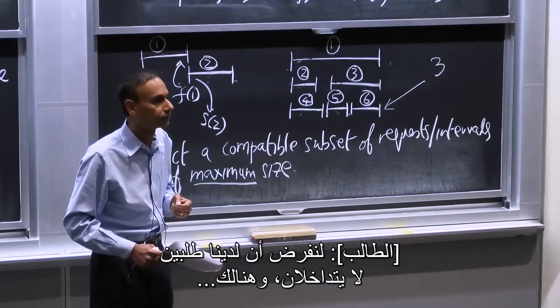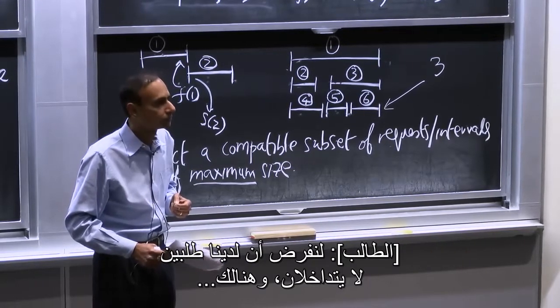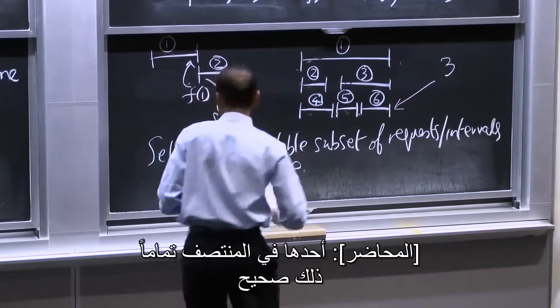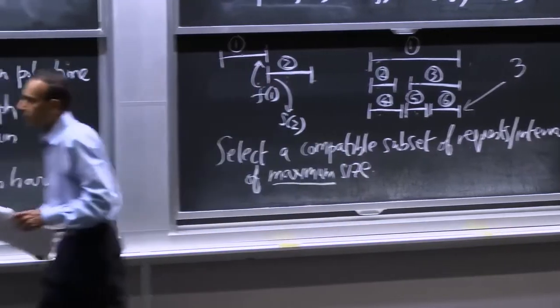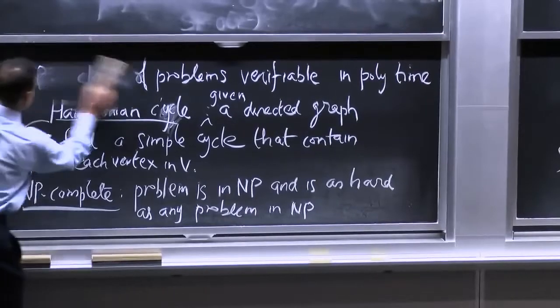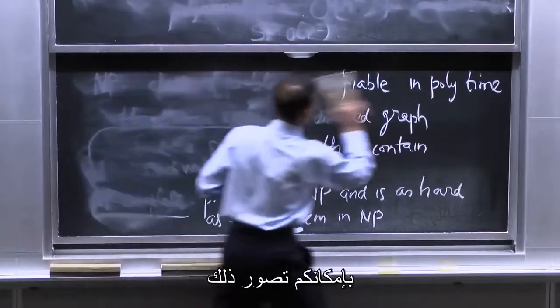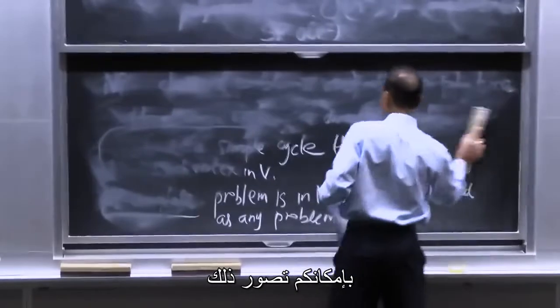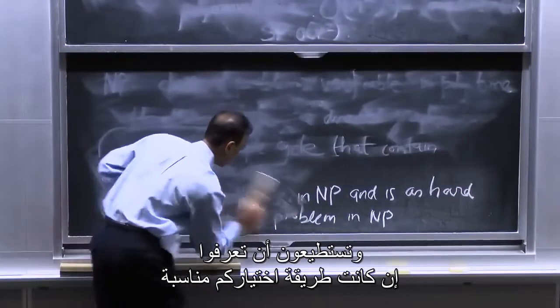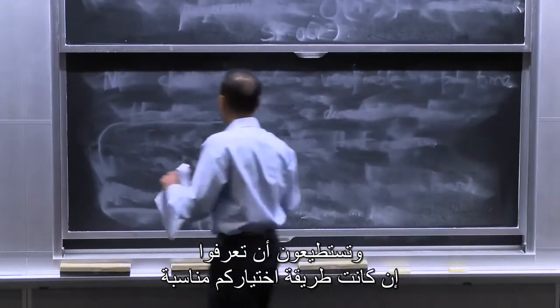Let's say you have 2 requests which don't overlap, and then there's one right in the middle. Exactly right. Yep. So let's see. What do I do? Oh, here. So pictorially, you can look at this, and you can actually figure out whether your heuristic works or not.